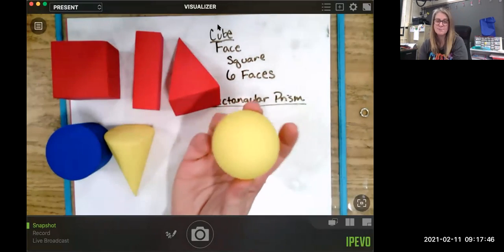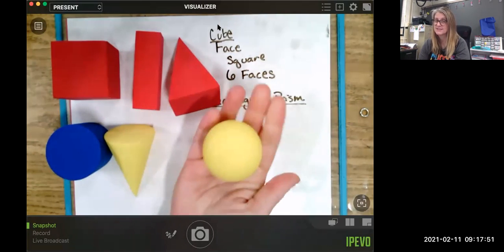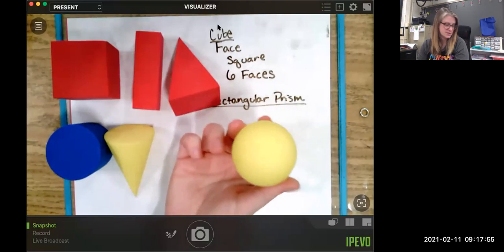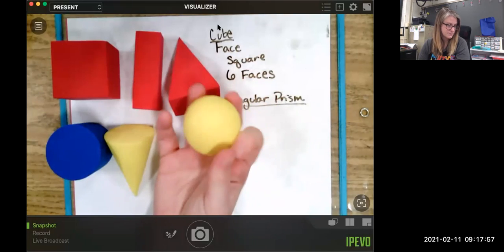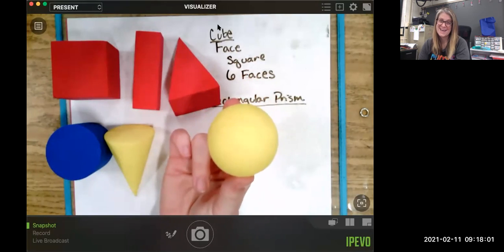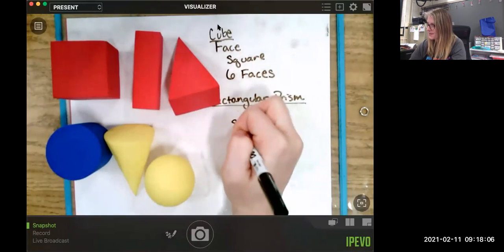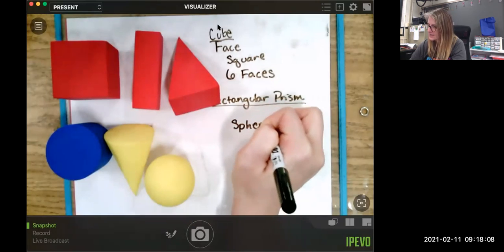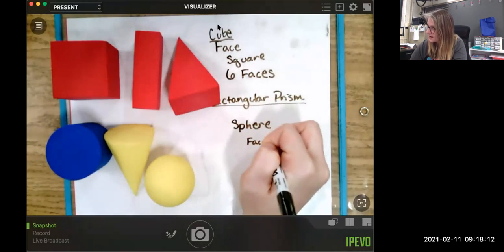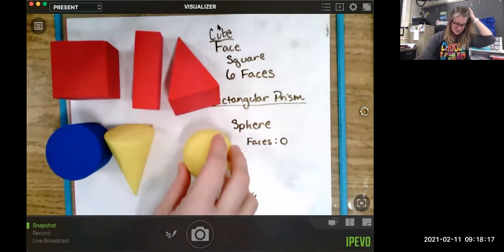So this ball has no faces because it has no flat surfaces. It's just like a regular ball. What is the name of this shape? This shape is a sphere. S-P-H-E-R-E, a sphere. And a sphere has 0 faces. It has no flat surfaces.